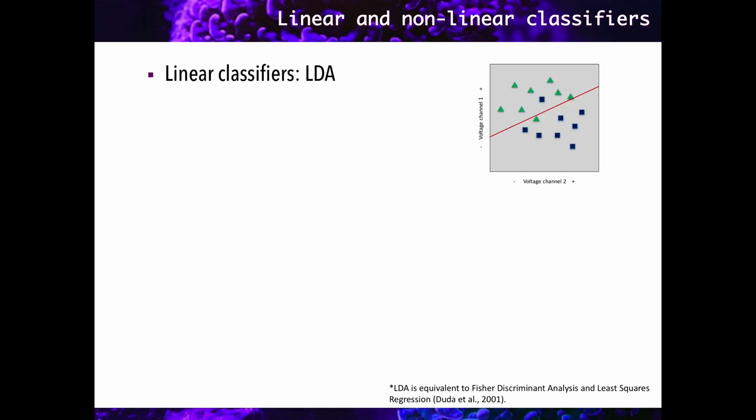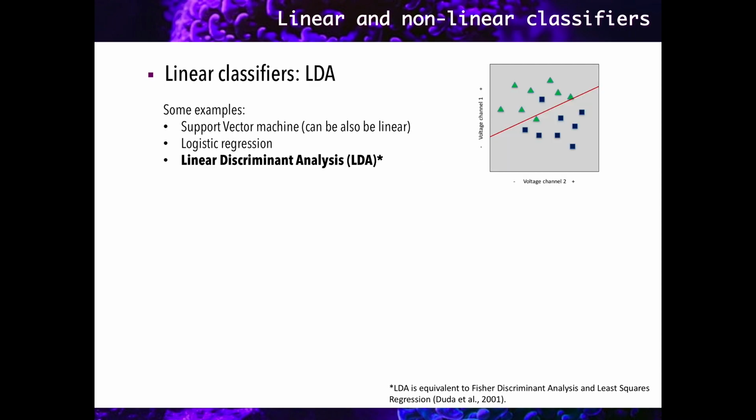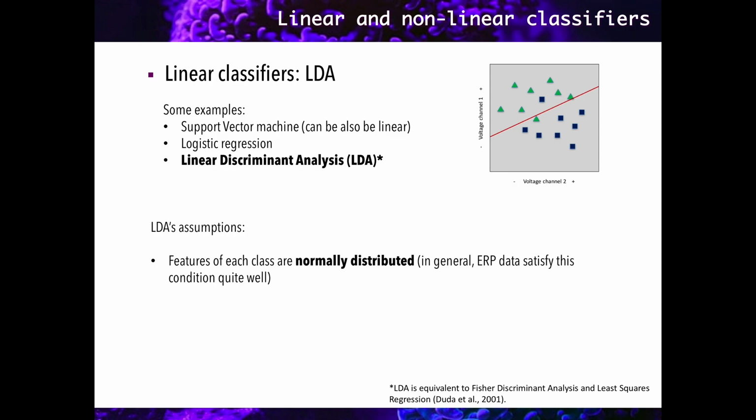There are different kinds of linear classifiers, but during the course, we will mainly use linear discriminant analysis, LDA, which has been traditionally used in EEG and MEG studies. One of the main reasons is that EEG generally fits its main assumptions. The first assumption is that the features of each class must be normally distributed.